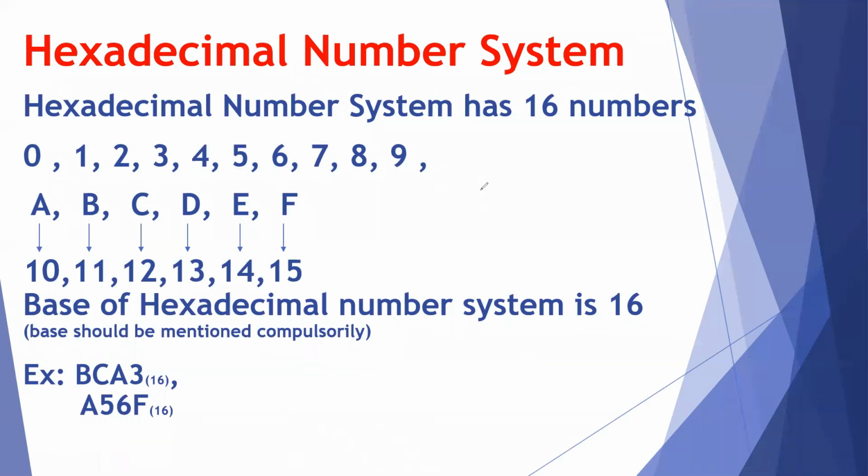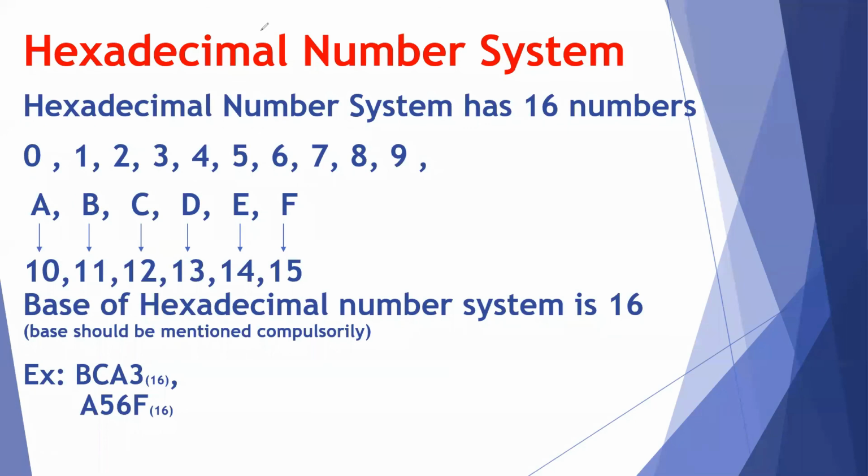I'll just brief the number systems. The number system is going to represent the numbers and then we are going to work on the numbers. There are different types of number systems. Of those, we are studying only the popular ones: decimal, binary, octal, and hexadecimal. In the decimal number system there are 10 numbers, so the base is also 10.